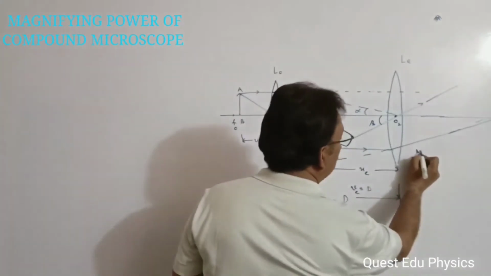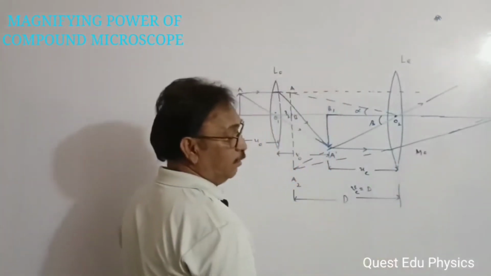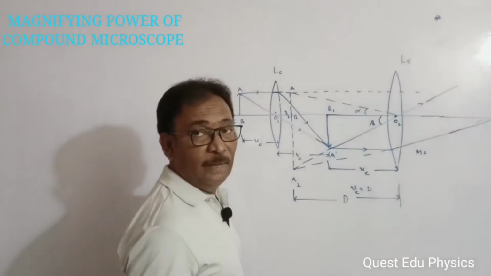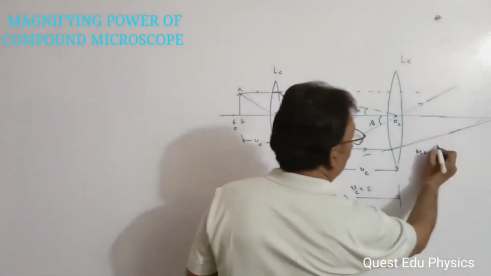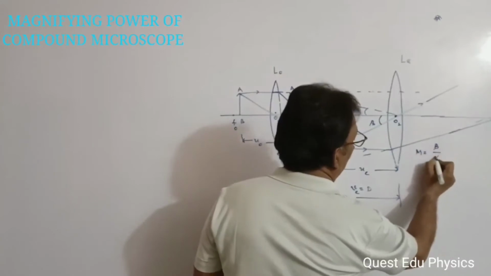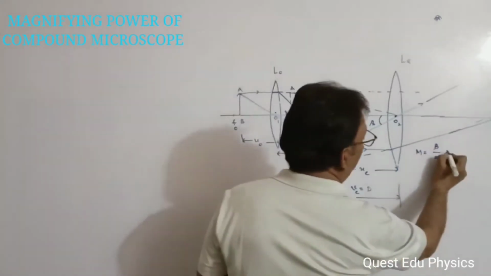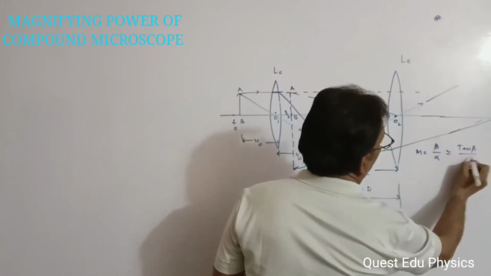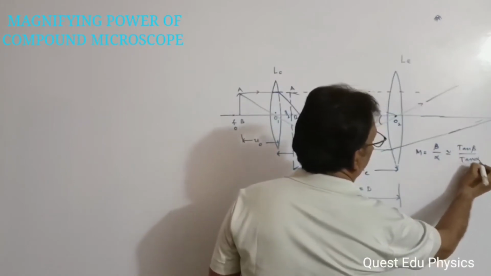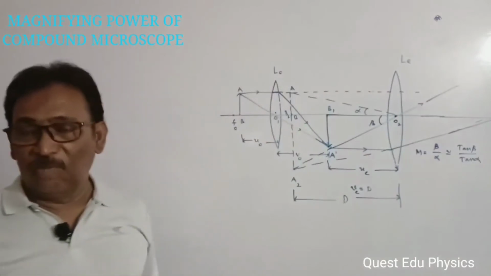Magnifying power M is equal to what? Angle subtended by the image to the object, that is beta by alpha, and that is nearly equal to tan beta by tan alpha. Why am I taking tan beta and tan alpha here?